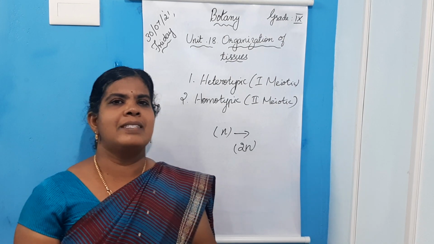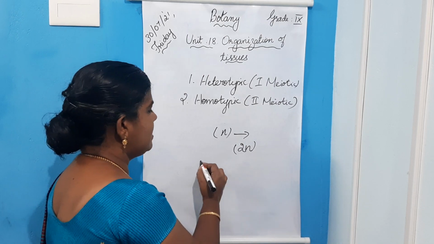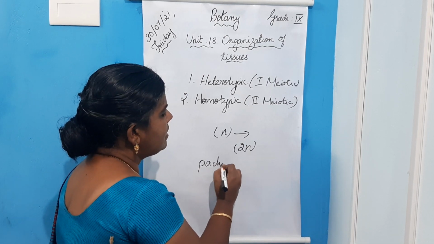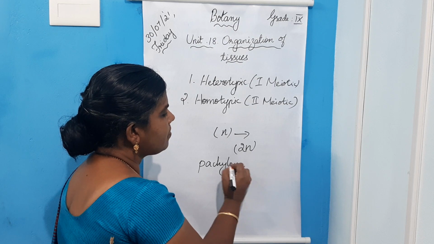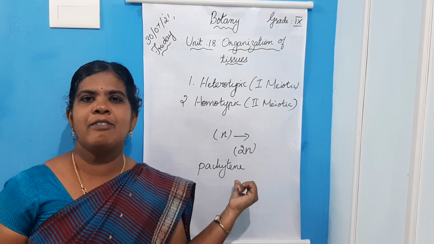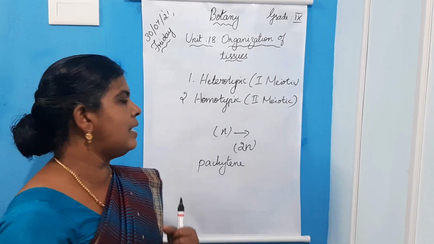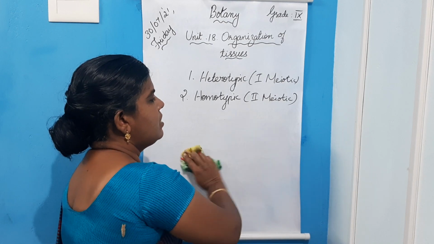Among all these stages, one very important stage is pachytene. Why is it important? Because chiasma formation takes place in this stage, and chromosomal exchange results in genetic recombination.